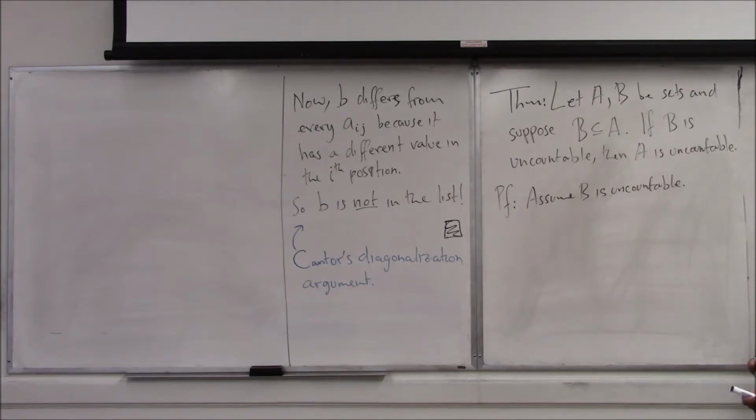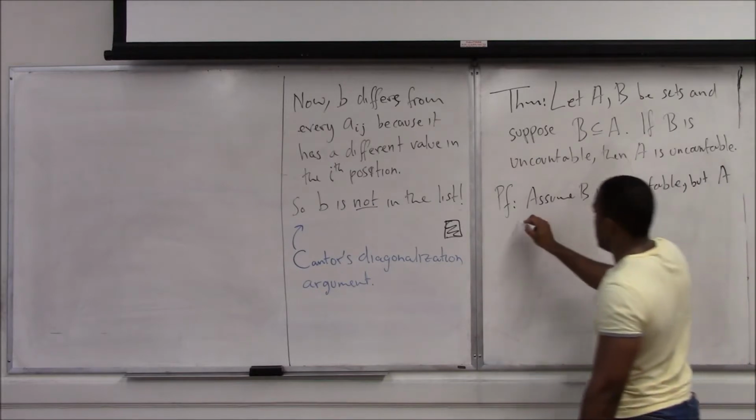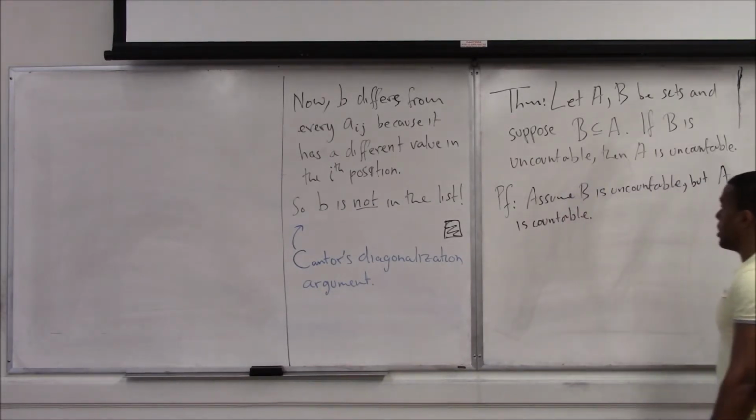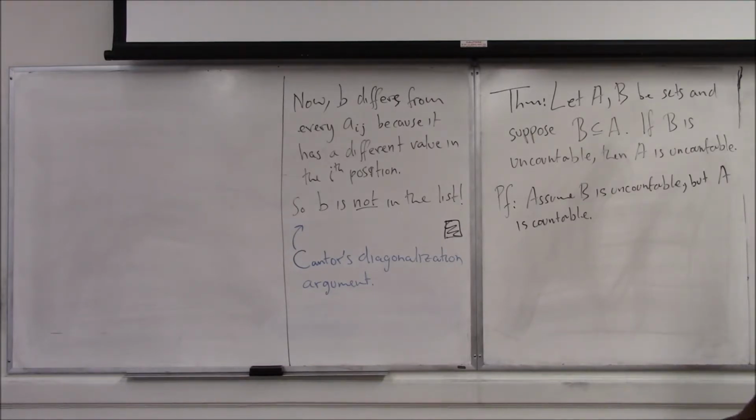Can you prove it by contradiction? Okay, so assume B is uncountable, but A is countable. Then what can you say? Then A is listable. I mean, all of A's elements can be written in a list. So that would mean what? Meaning, since B is a subset of A, every element in B can appear in the list, but B is uncountable.